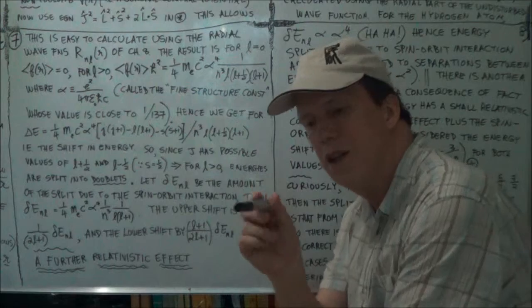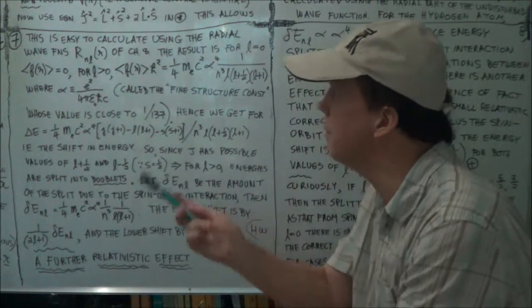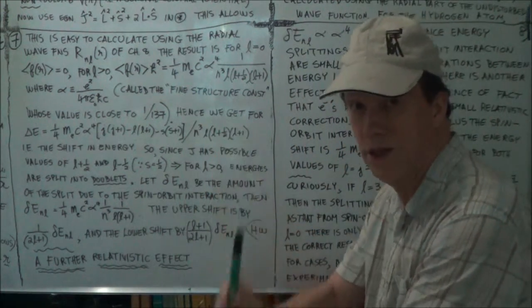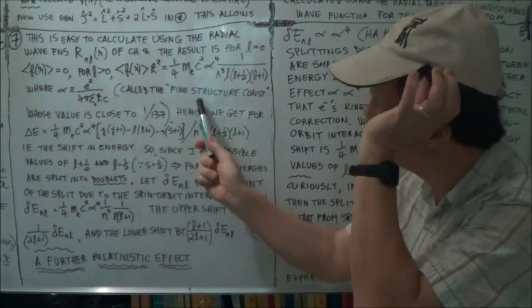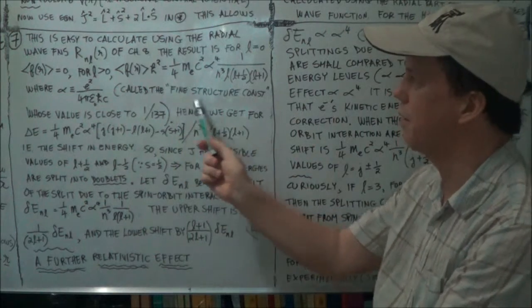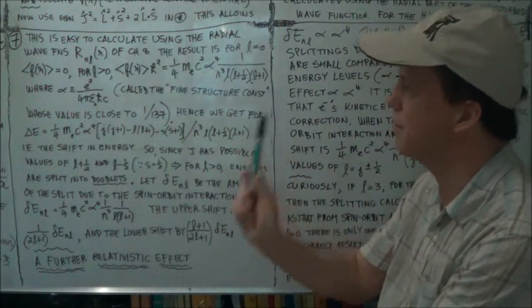So the energy differences are fine. So you're looking at the fine structure of the spectra. Okay? So this crops up in the analysis of spectra, and it's called the fine structure constant.